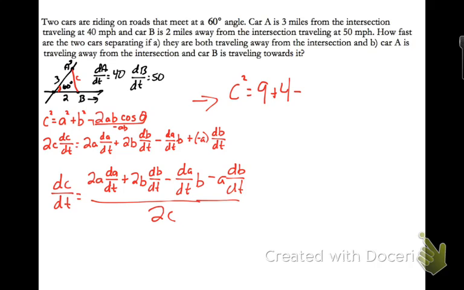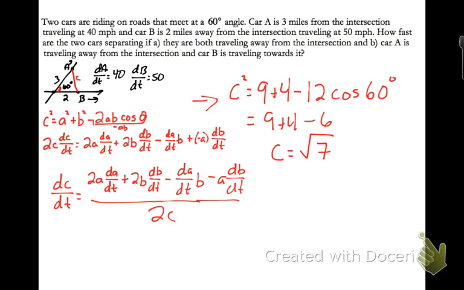So 2 times A would be 6, times 2 would be 12, so minus 12, times the cosine of theta, which is 60 degrees. And cosine of 60 degrees is 1/2, so this is 9 plus 4 minus 6, which is 7. 13 minus 6 is 7. So c squared equals 7, so c is the square root of 7.